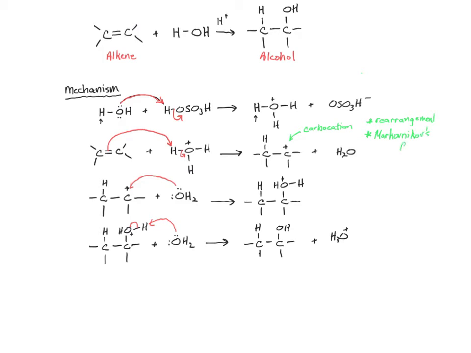And one last thing, because we have this positively charged intermediate that is planar, the attack of the water in this case can happen on either face of that carbocation. So chances are we're going to see the formation of racemic mixtures whenever enantiomeric products can be produced.